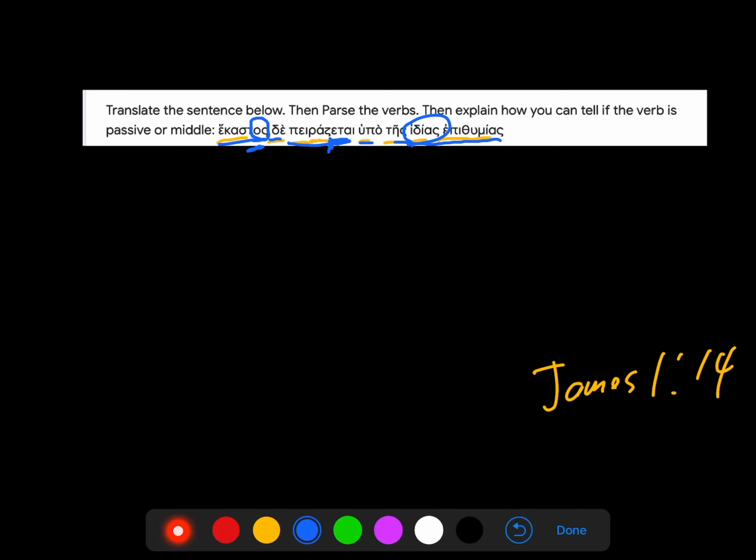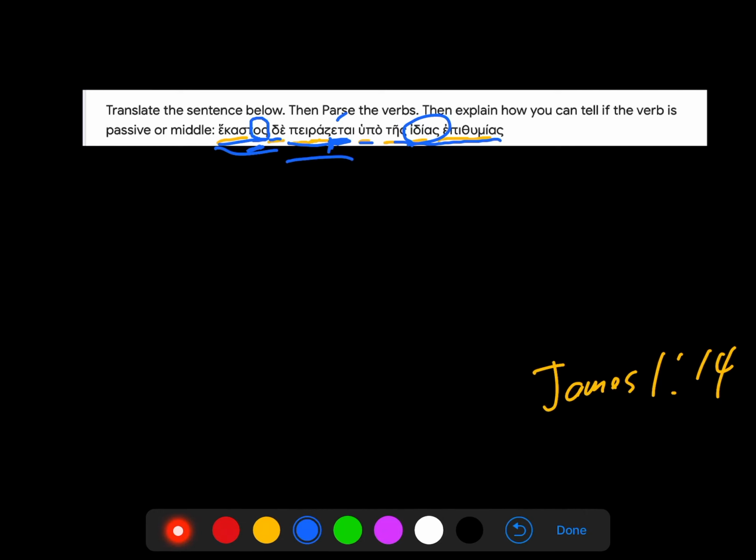So the question is, each one is tempted. Now, are we going to take this in a middle sense, where each one sort of tempts himself, or is it going to be a passive sense? Each one is tempted by another. And it is passive.